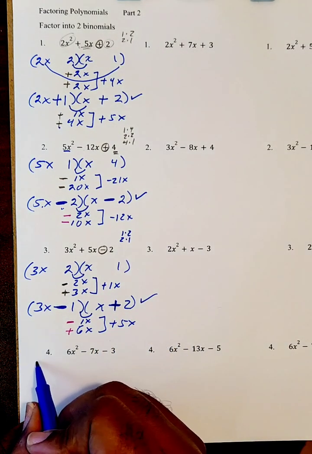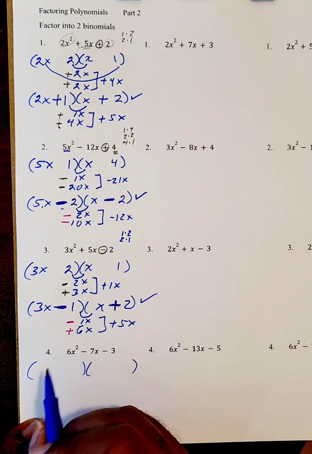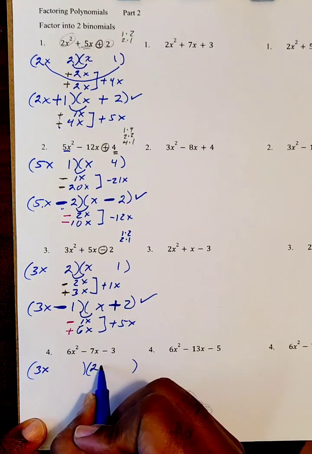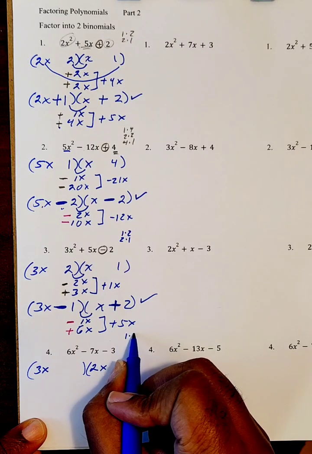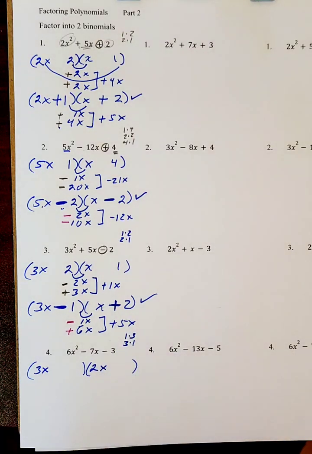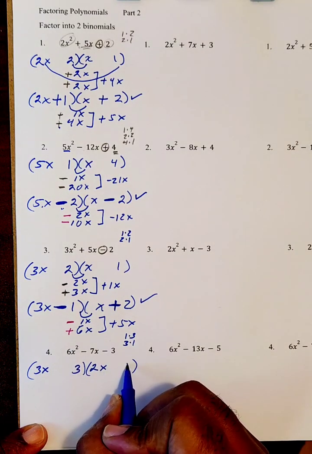Okay, next. So a 6x squared, we're going to assume that used to be a 3x times a 2x. And we have a 3 here. We have a couple choices. Either that used to be a 1 times 3 or maybe a 3 times 1. Let's try the 3 times 1 and see if that's the right one that we need.